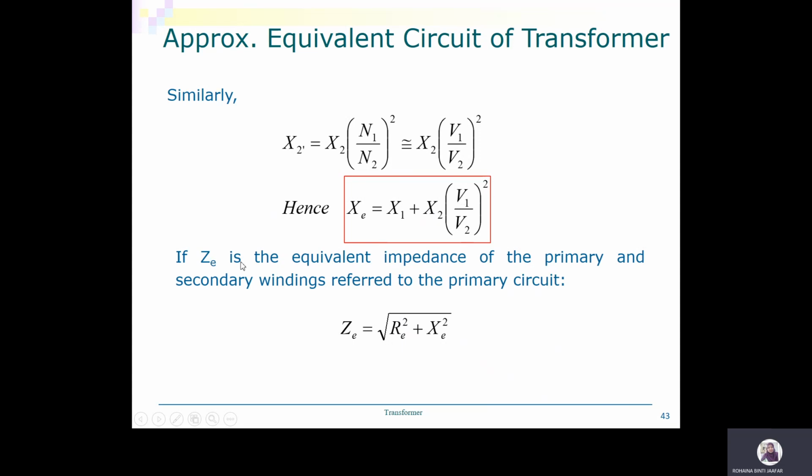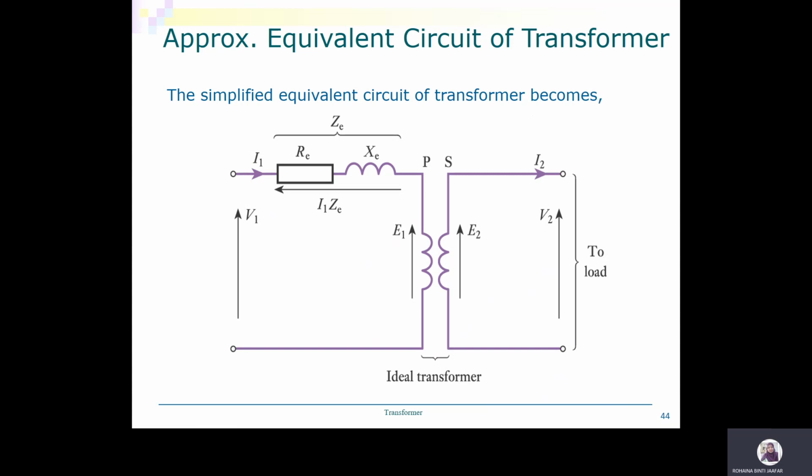ZE is the equivalent impedance of the primary and secondary winding referred to the primary circuit, so ZE equals the square root of RE squared plus XE squared.